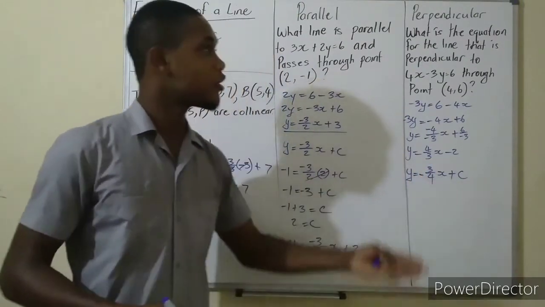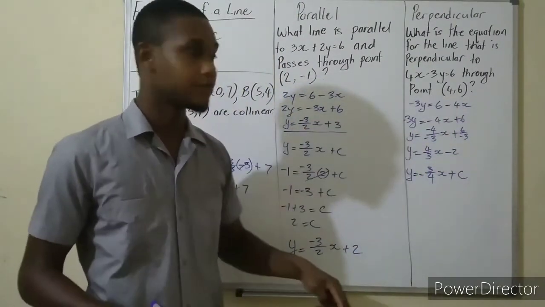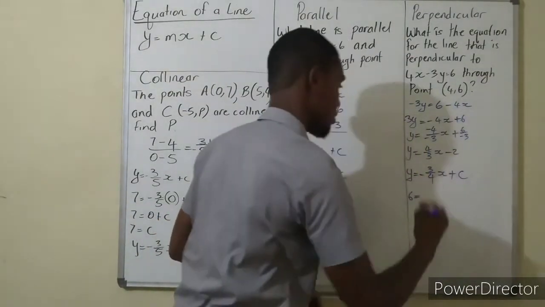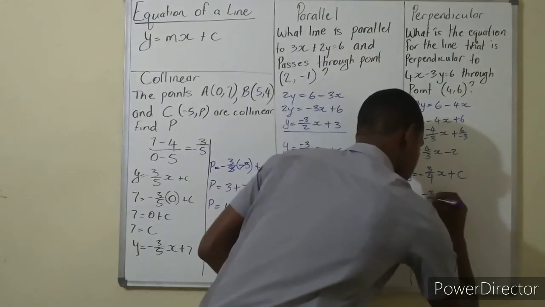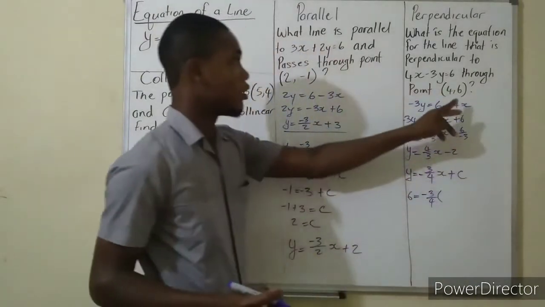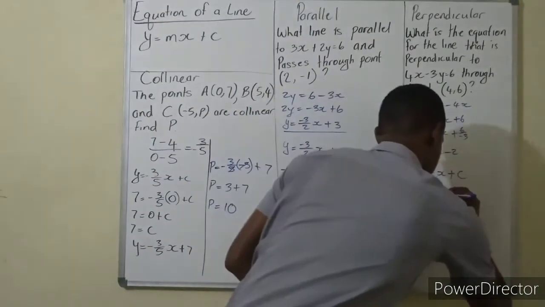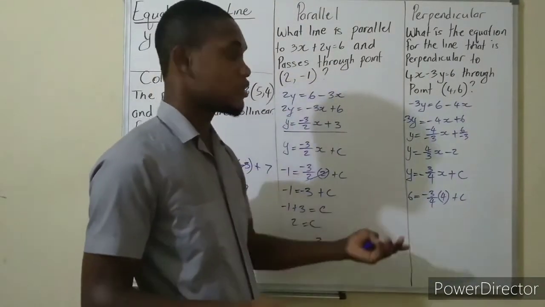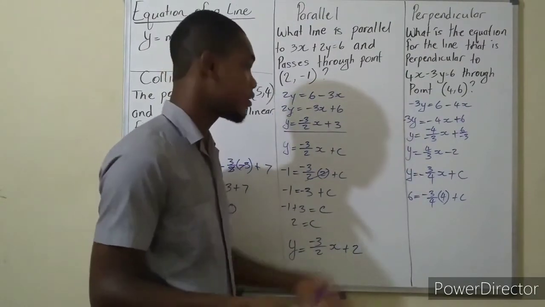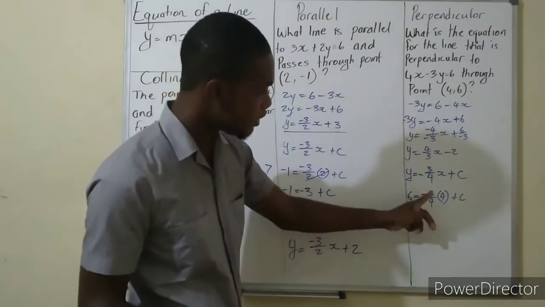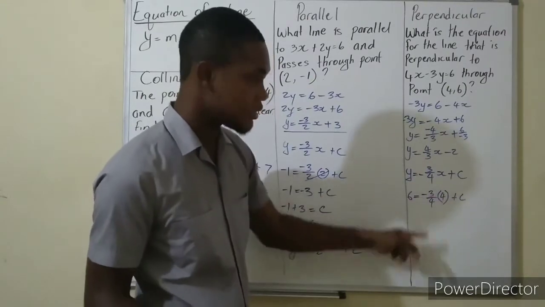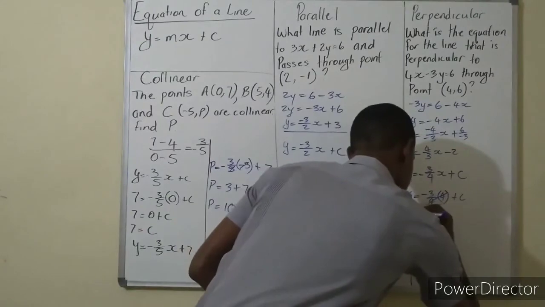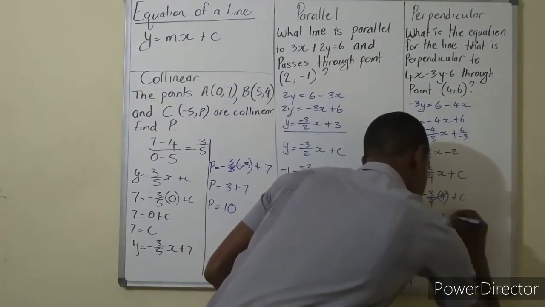Now that you put it here, you'll use the points that you got. So y is equal to 6. So 6 equals negative 3 over 4, open bracket, x is 4, so you'll put your 4 here, plus c. Now when you get to this part, solve it mathematically again. 4 multiplied by negative 3 over 4, practically these two get cancelled. So it will be 6 is equal to negative 3 plus c.